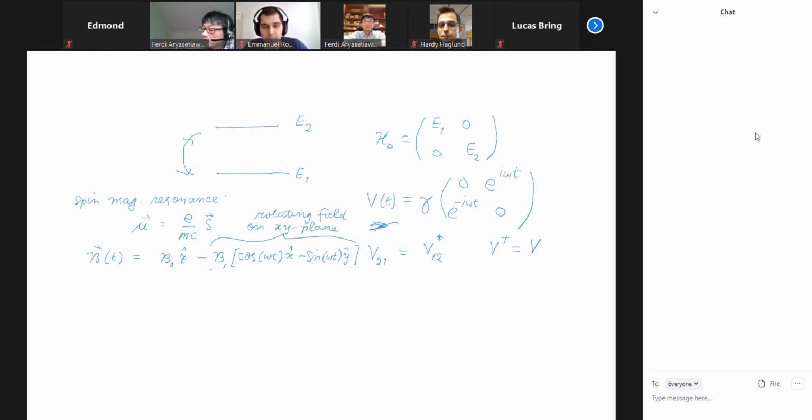So if we write down the Hamiltonian, that is just minus mu dot B. If we work this out, we find that this is equal to omega 0 times the operator Sz, plus omega 1 times cosine omega t Sx minus sine omega t Sy, like that.